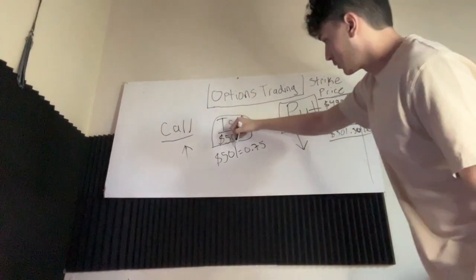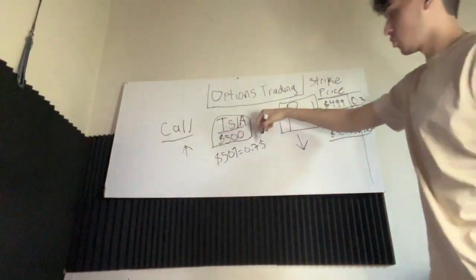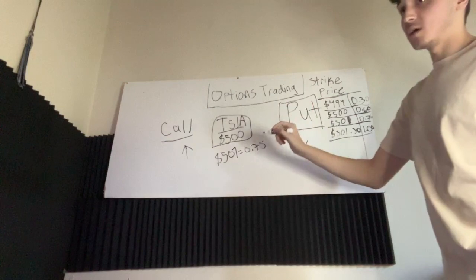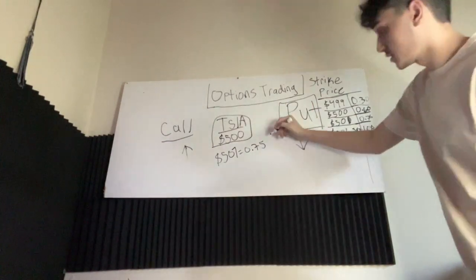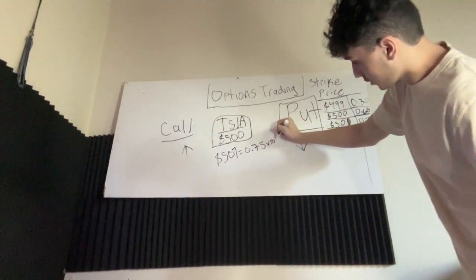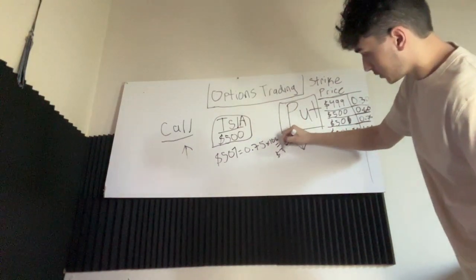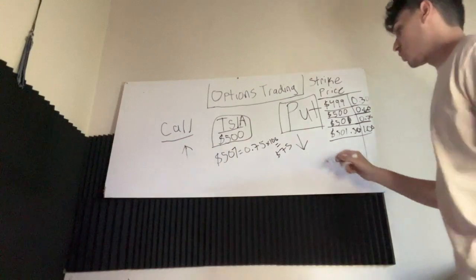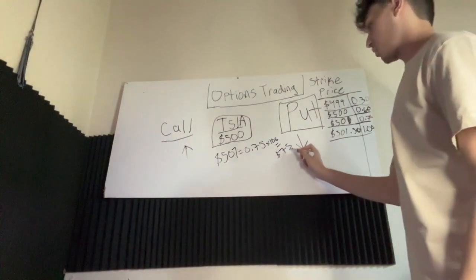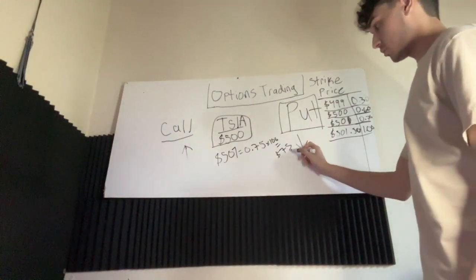Now, 0.75, we always want to times the option contract price times 100 equals $75. Right? So now we know that our option contract cost $75.